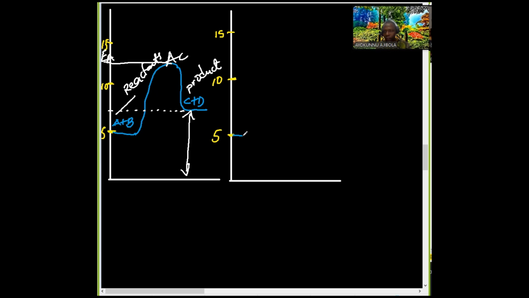It's starting at the same level, but goes up and now comes to end here. Is that clear? Yes, sir. Now, what we want to figure out here is which one of them, because this is your A plus B and this is your C plus D. This is also the activation complex, then reactants and the product.